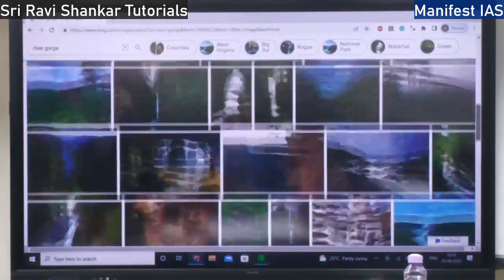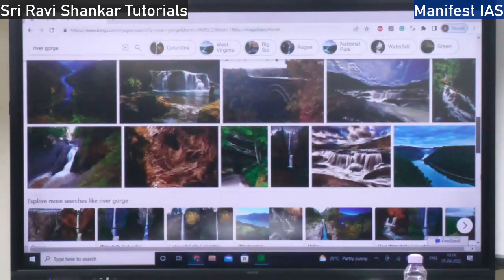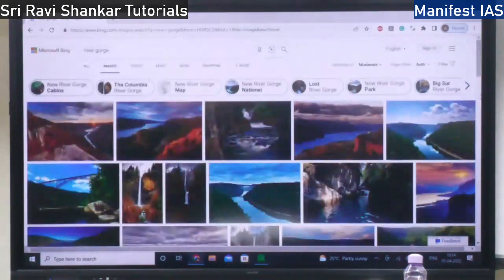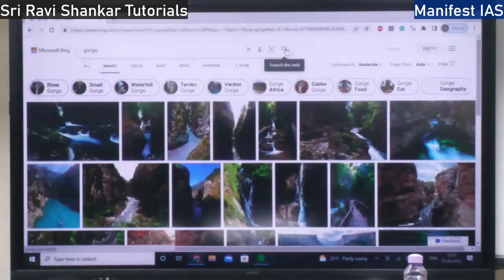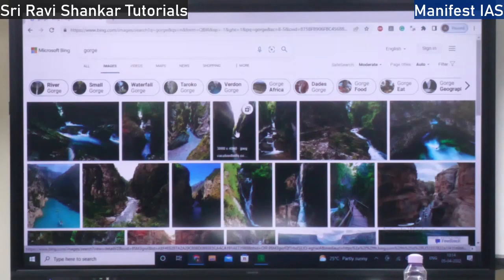Why is there no good image of a gorge? Wait a second. This is a gorge.